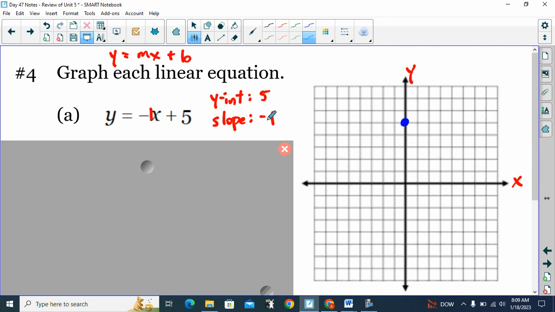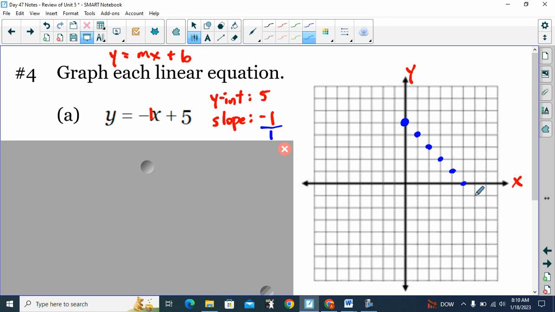A slope of -1. Remember, it's rise over run. If it's not a fraction, let's make it a fraction by putting it over 1. Rise is -1. Run is +1.